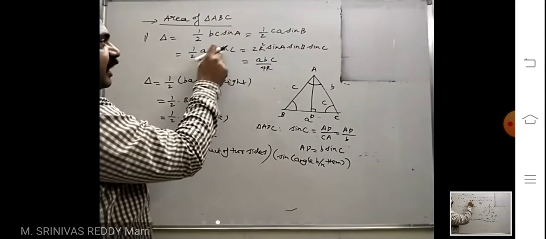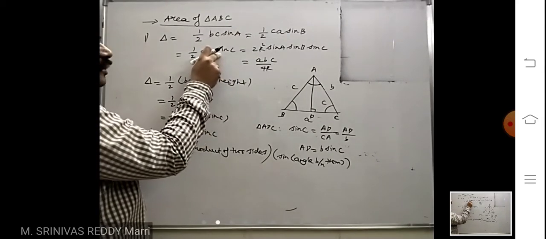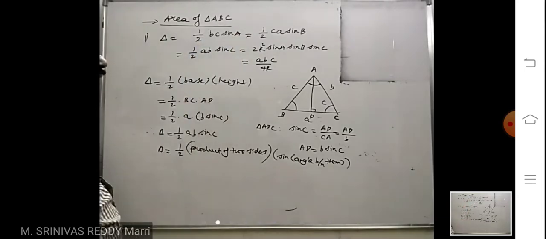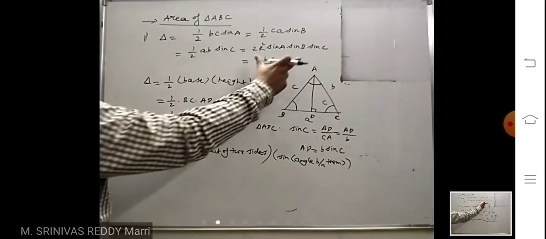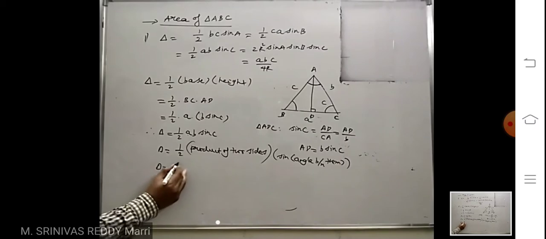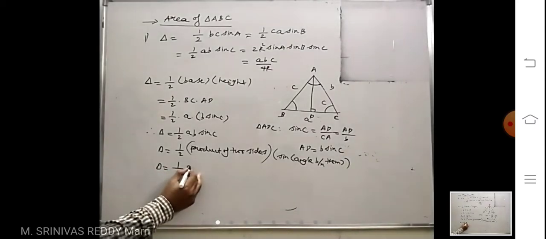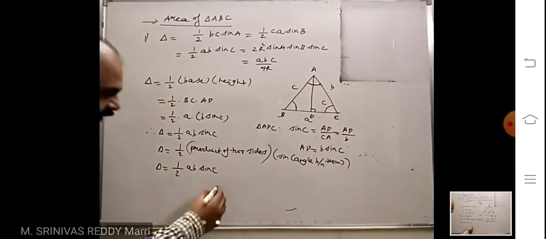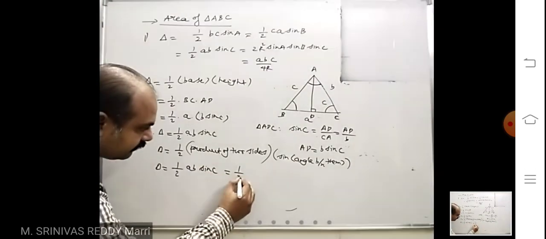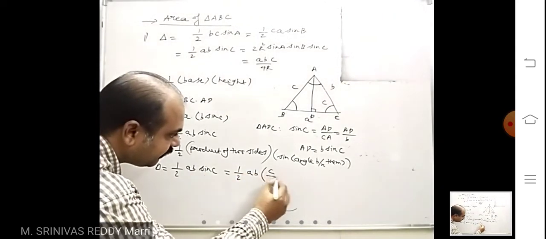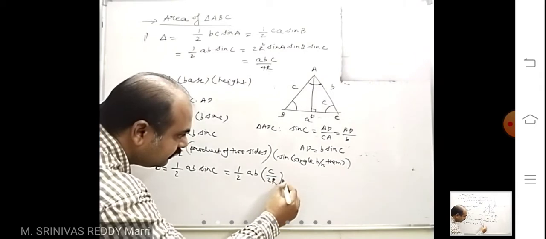So these three formulas we will use if you know two sides and the angle between them: half into the product of the sides into the sine of the angle between them. Now, how did we get another formula? Look at half into ab sin C. I am writing sin C as c by 2R.